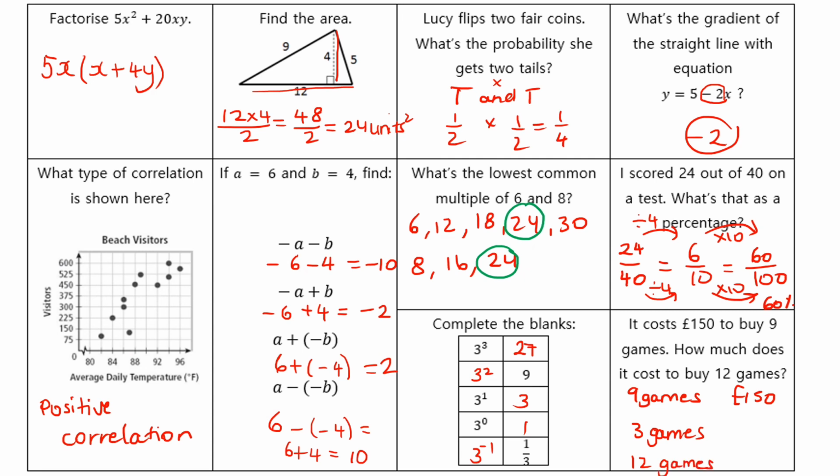So in order for us to go down to 3, we need to divide it by 3, which is 50. And then 3 times 4 will give us 12 games. So that's going to be 4 lots of 50 is £200.